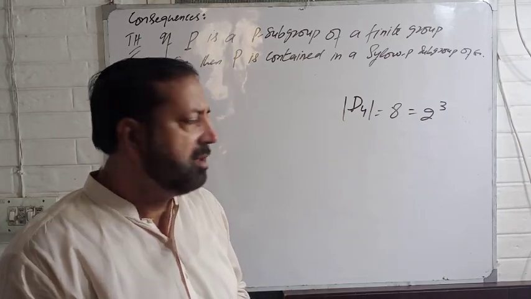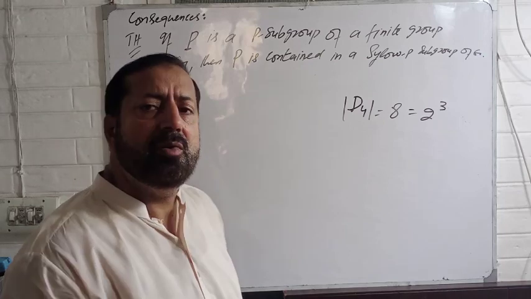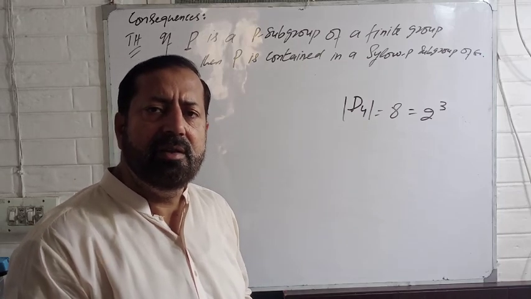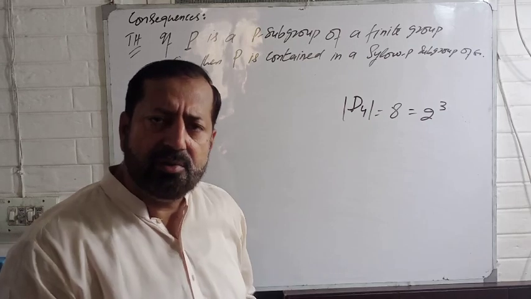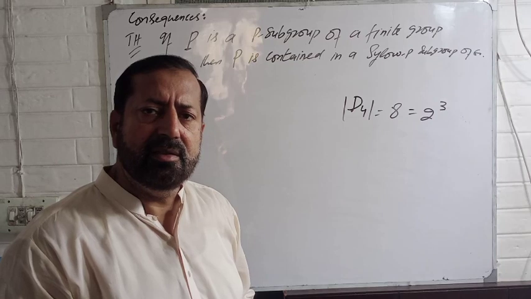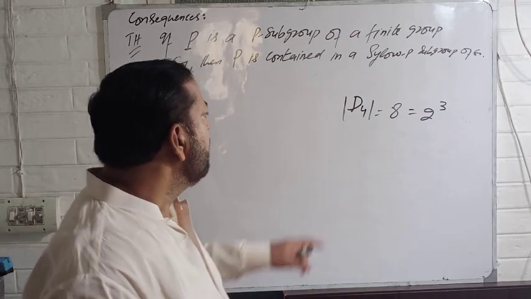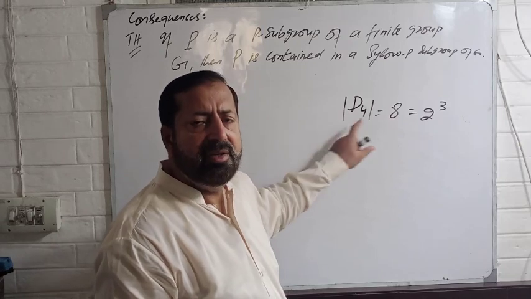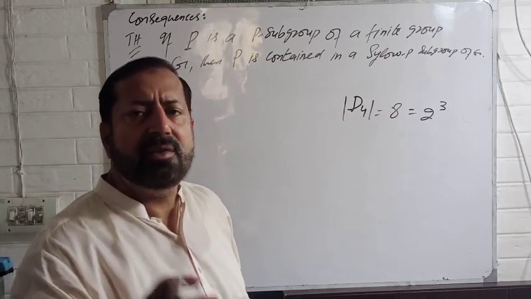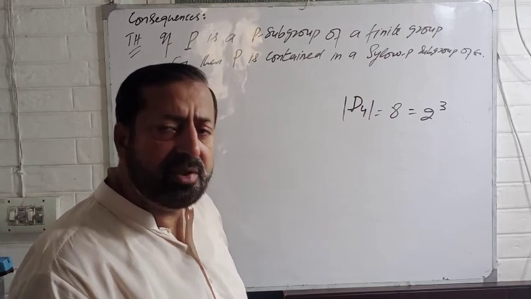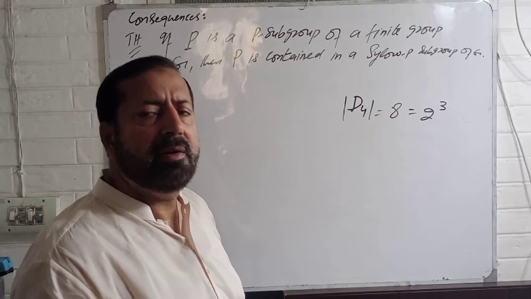There does not exist any Sylow-p subgroup of order lesser than 8 in D4. But there are p-subgroups of order 4 and of order 2.